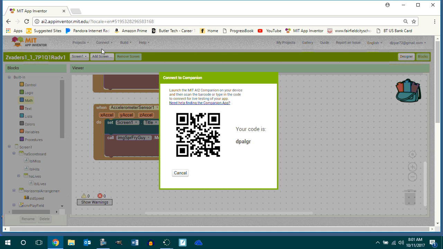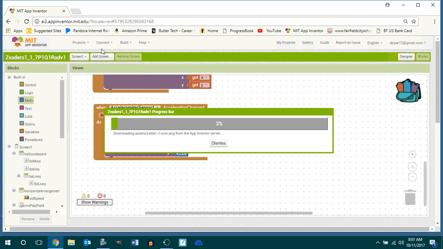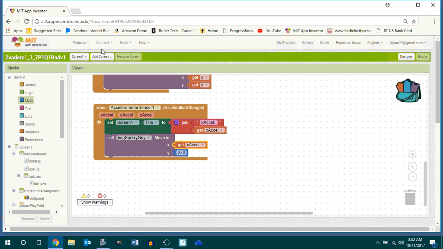Let's do some experimenting here to figure out how this X and Y operates. Do you guys see what I just did there? If you're not 100% sure on how an X and Y accelerometer works, put it in the sensor, put it in the screen title.